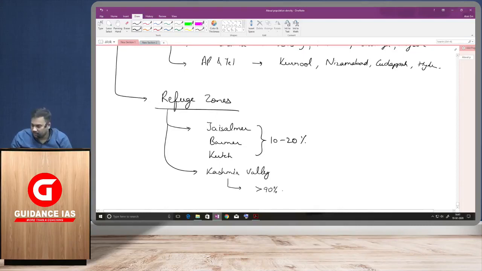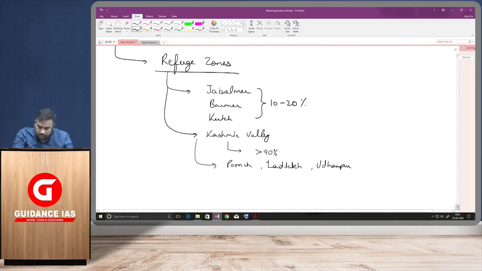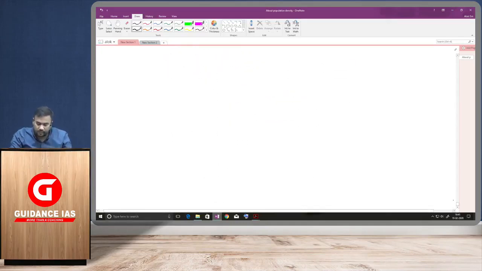Other places in Jammu and Kashmir where the concentration is found to be higher are Poonch, Ladakh, Udhampur. Here also concentration is found to be higher. Okay? So there are a number of areas where we find that Islam is more established. So three types of areas of establishment of Islam.